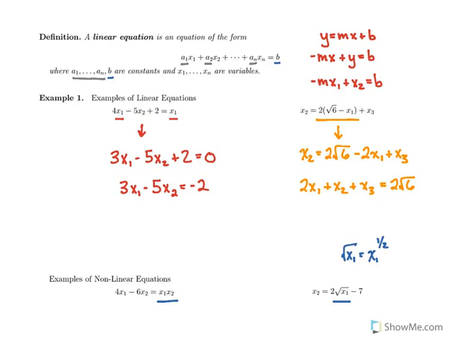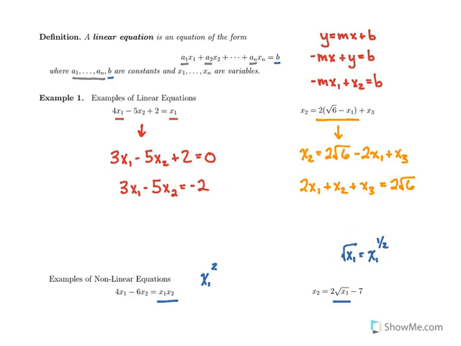And for linear equations, I cannot have any power except for something to the first power. The x1 x2 is like saying something like x1 squared, except I have two different variables multiplied together. So in order for this to be a linear equation, I need to have all of my variables separate and to the first power multiplied by constants.